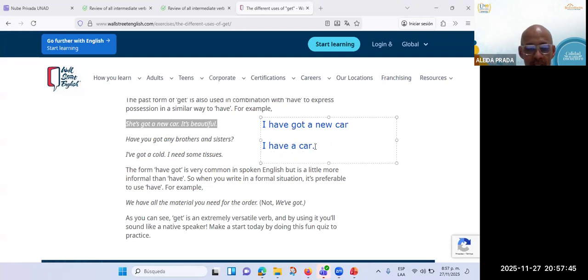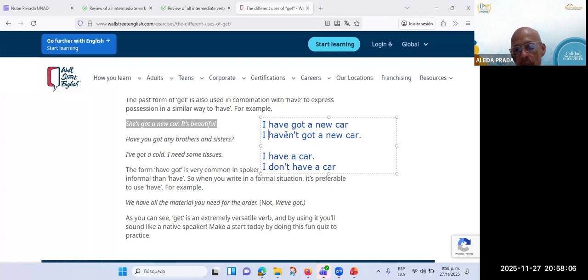And when we are going to say the negative, we say I don't have a car. But here, it's not the same. In British English, you can say I have got a new car, and in negative form, I haven't got a new car. Okay? So here is present, but you don't use don't. You say I haven't got a new car.